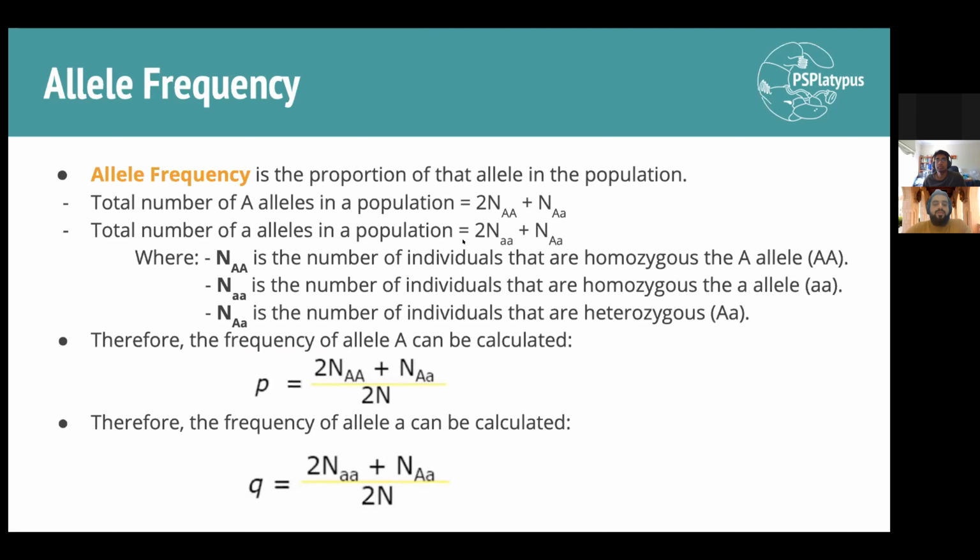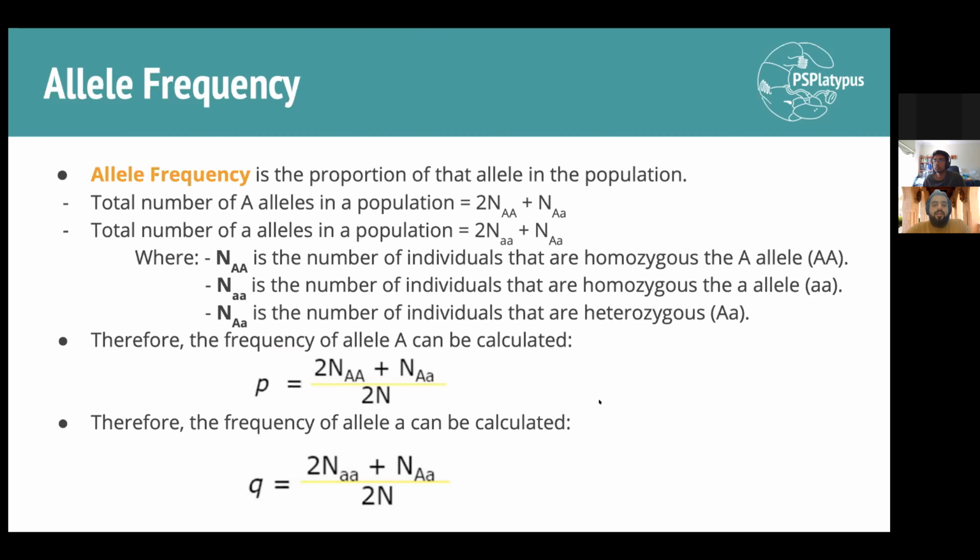The same goes for the recessive allele. The total number of recessive alleles is the number of people homozygous for this recessive allele multiplied by 2, plus the number of people heterozygous for this allele.